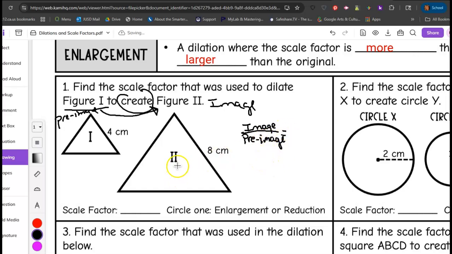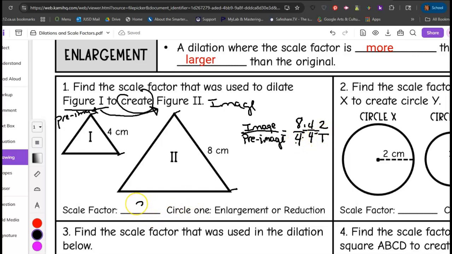So my image, it gives me side lengths of 8 centimeters. So I'm going to put 8, and that congruent side is 4. So now I'm going to simplify this. I know that 4 can go into both of these numbers. 8 divided by 4 is 2, and 4 divided by 4 is 1.